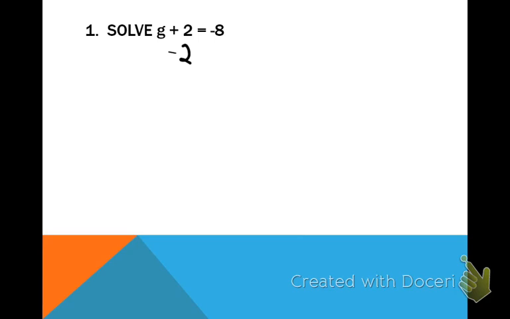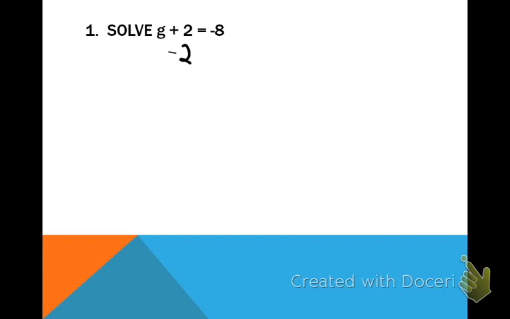Okay? But what I'm trying to create is an equivalent equation. Right? I want to make sure that I don't change the equation. Whatever I get after I subtract 2 there, I need it to be an equivalent equation. It needs to have the same solution. I don't want to change the solution midstream.